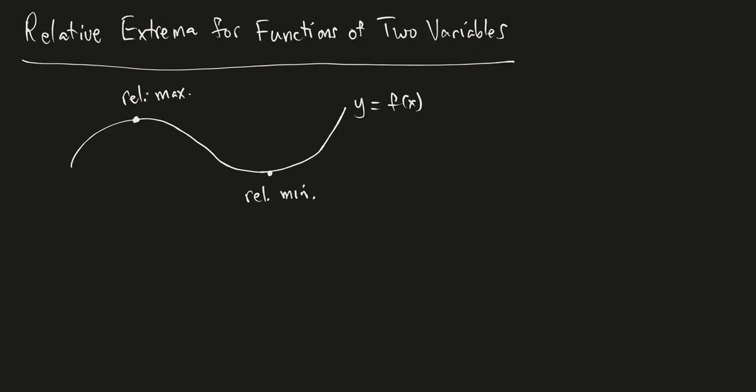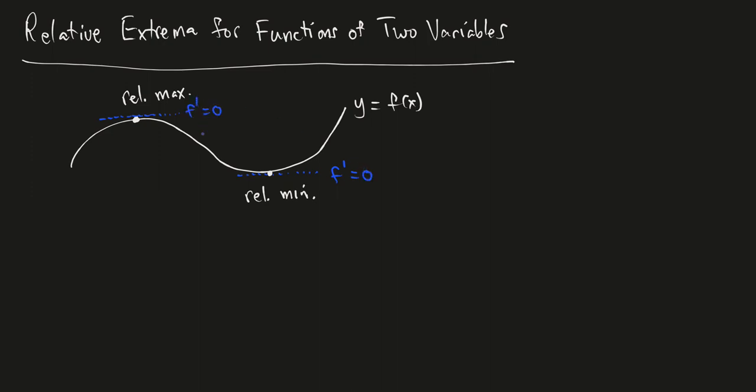And let's see what we can establish about this. Well, at this point, our tangent lines would be horizontal, right? So what that means is our first derivative would have to be equal to 0.